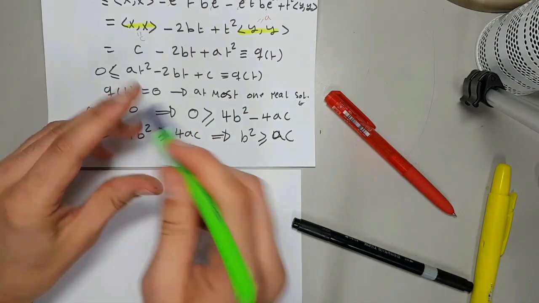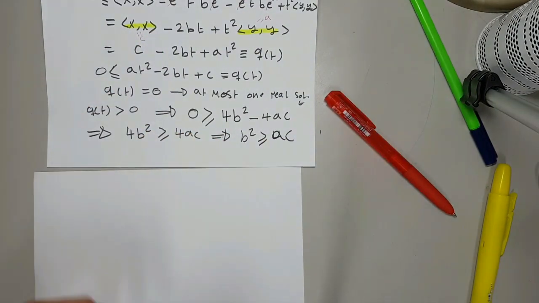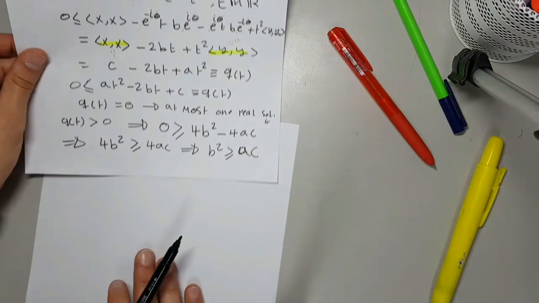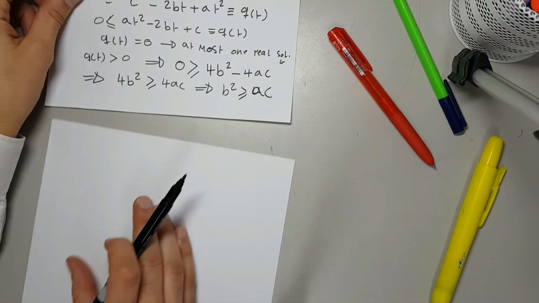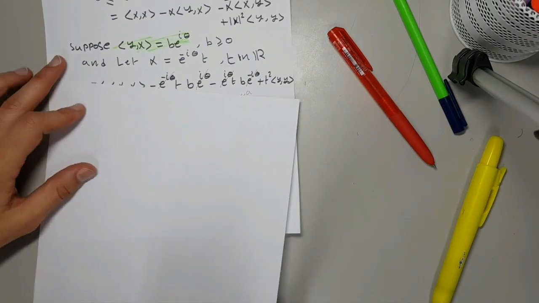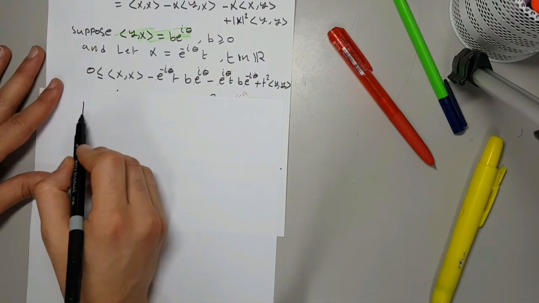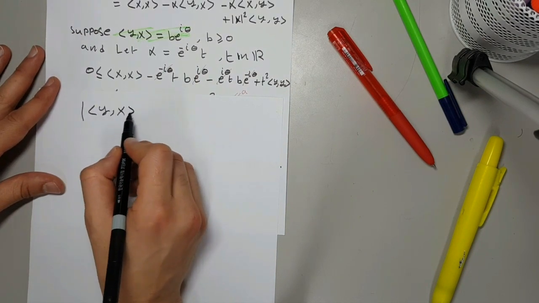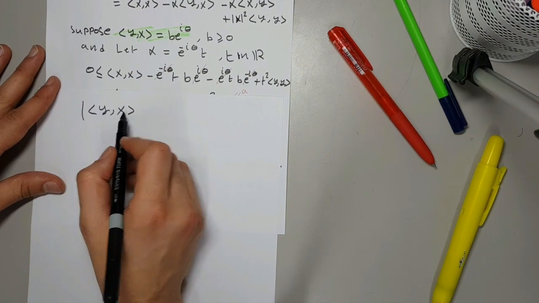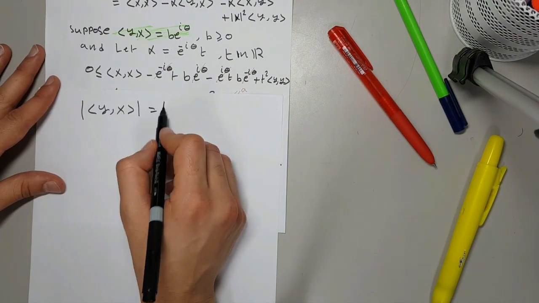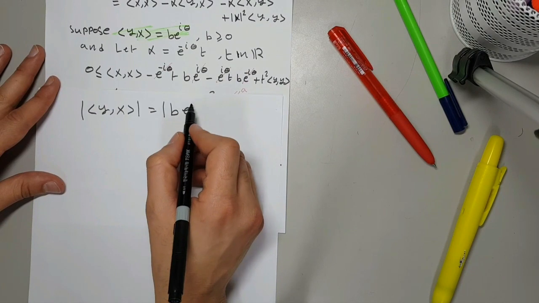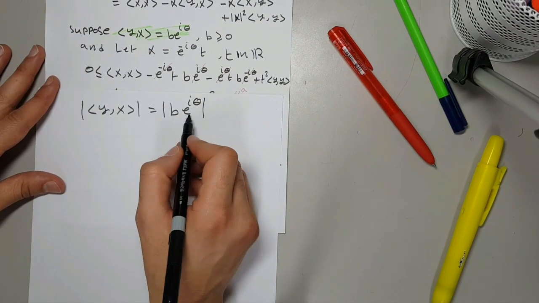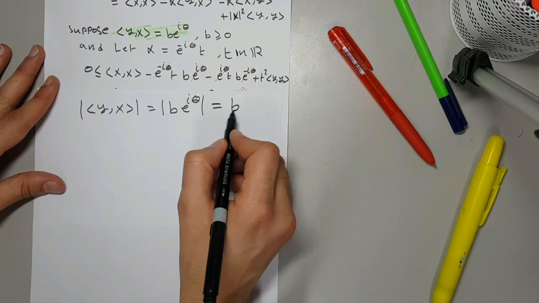Let's take the absolute value on both sides. The absolute value of the semi-inner product between y and x equals the absolute value of b times e to the i theta, but this is equal to b.